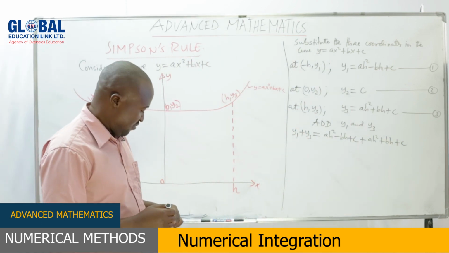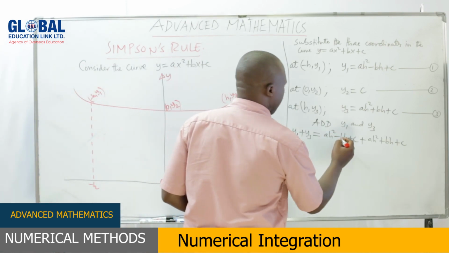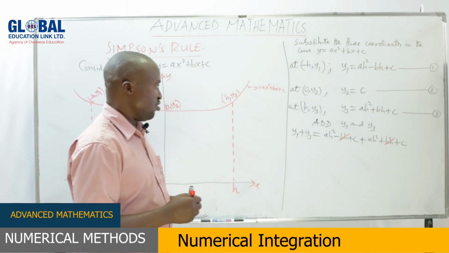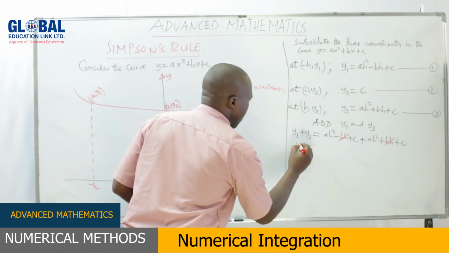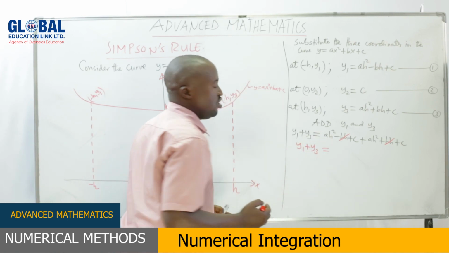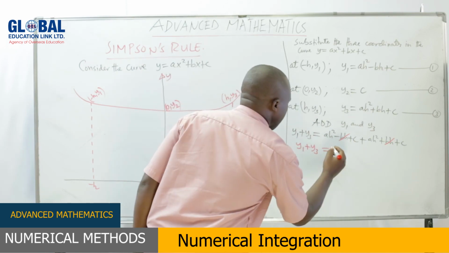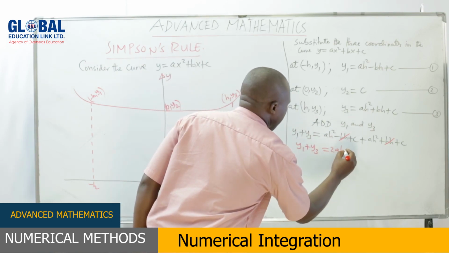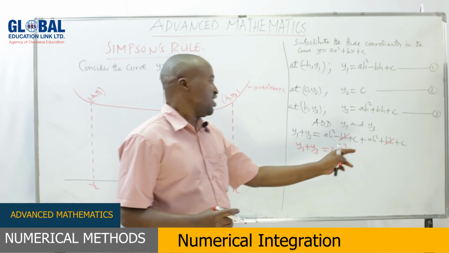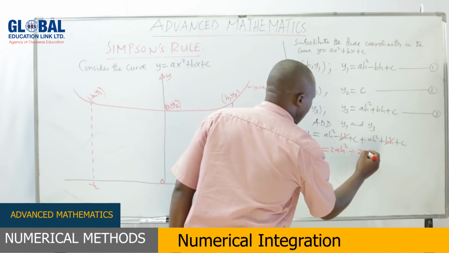Now in this case, we have negative bh that will be cancelled with the positive bh. So we remain with y1 plus y3 is equal to ah squared plus ah squared, that is twice ah squared, then again we have c plus c, that is 2c.